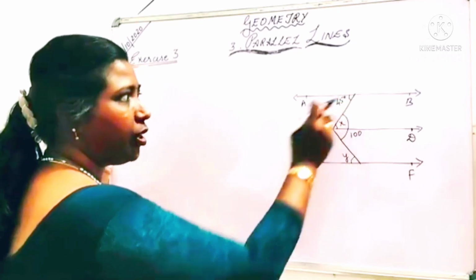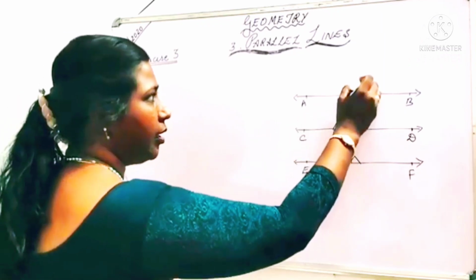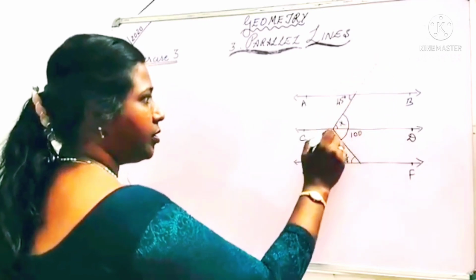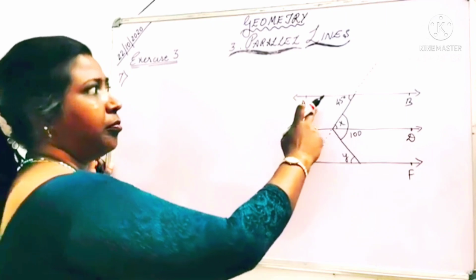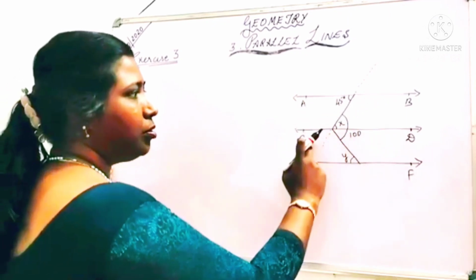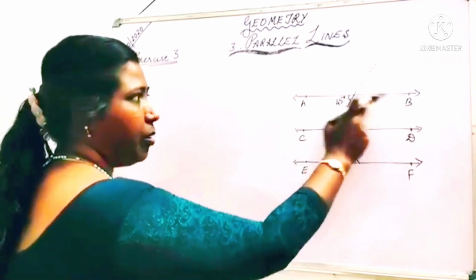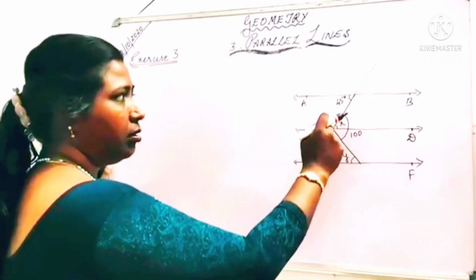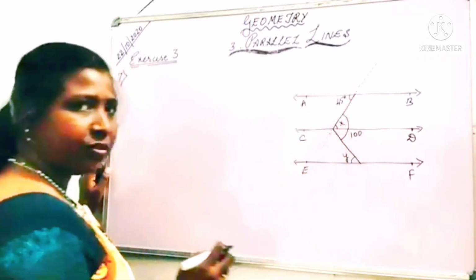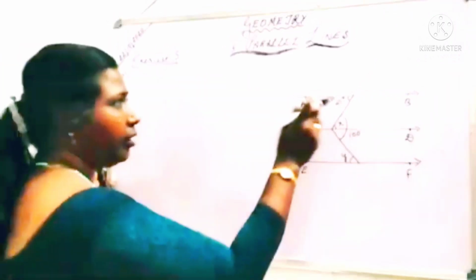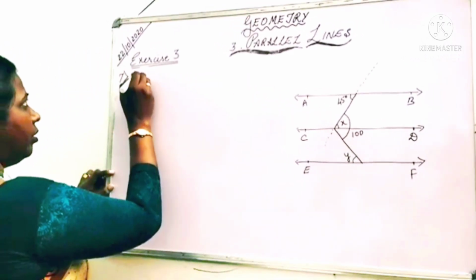By seeing this angle, what are you getting, if I extend this line like this, in AB parallel to CD.